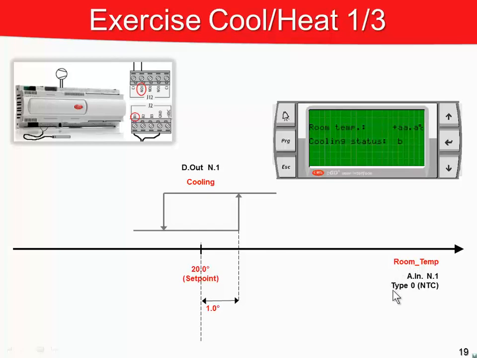Let's suppose to use an NTC sensor, and I will compare this temperature with a fixed regulation set point of 20 degrees and a fixed differential of 1 degree, in order to manage an on-off stage like this. This stage represents the status of the cooling, and I will use it to drive the digital output, that is the relay number 1.